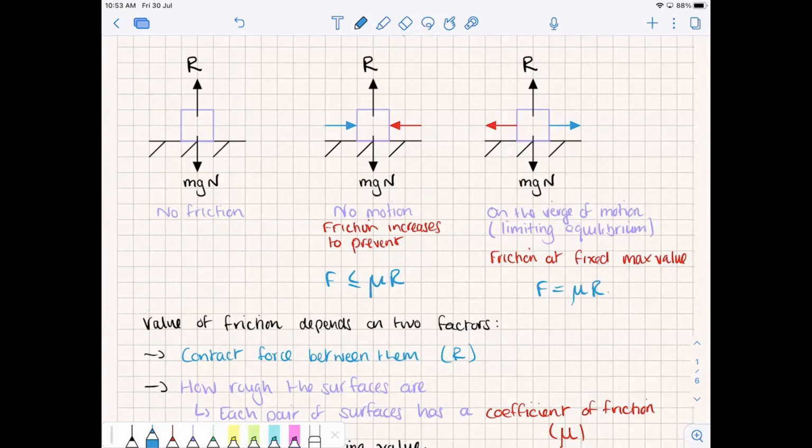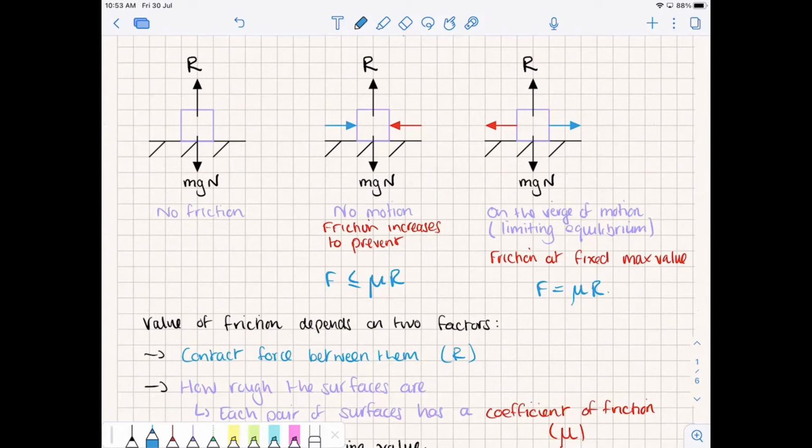Okay. So the friction is just a product of the coefficient of friction and the normal contact force, right? That is how we calculate friction. And in the middle there, if the friction force is increasing, it's always still going to be less than the maximum value, if the object is not in motion.